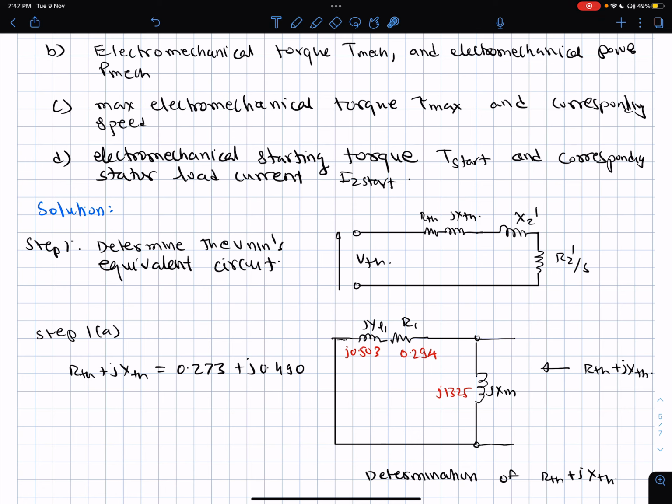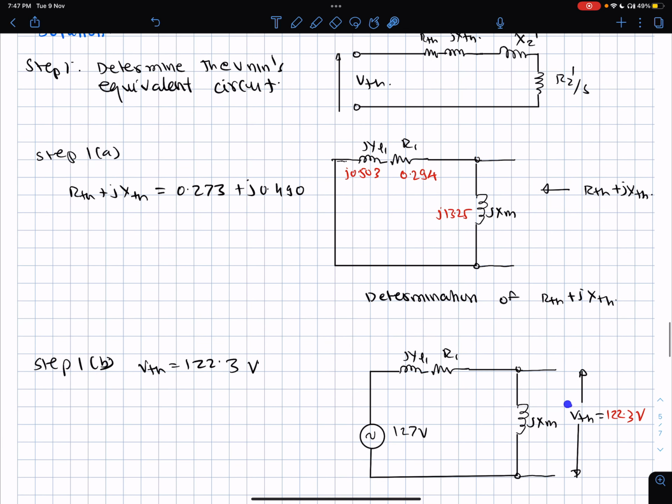The parallel combination of R1 plus jXL1 in parallel with jXM1 gives me the R Thevenin plus jX Thevenin. And once you know this, the voltage which is coming here is the V Thevenin voltage, which is going to be very close to this 127 volts, because most of the reactance is sitting in the magnetizing branch and not in the leakage.